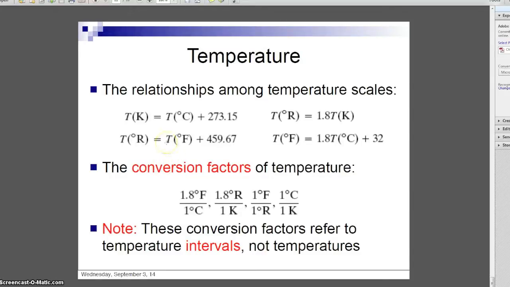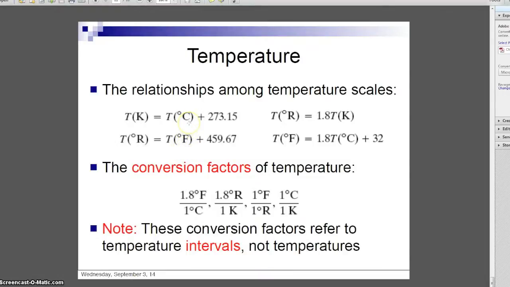In here, for temperature we have Kelvin and Celsius, while the other ones are Rankine, denoted by R, and Fahrenheit.